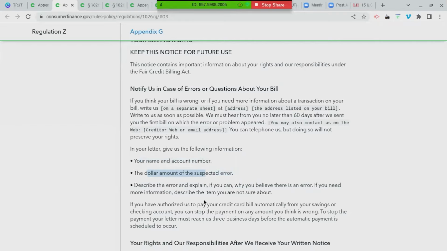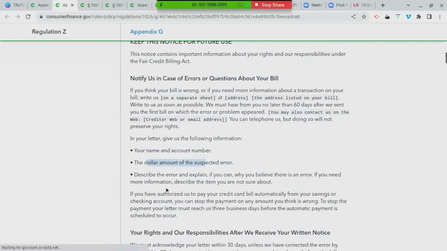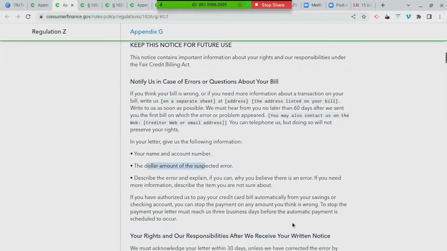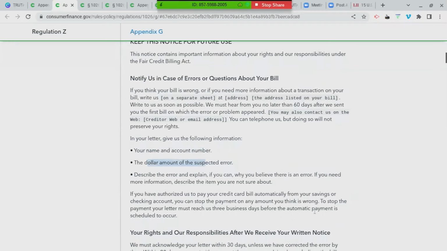If you need more information, describe the item that you're not sure about. If you have authorized them to pay your credit card bill automatically from your savings account, you can stop the payment that you think is wrong, or they should automatically, like we just read, not be trying to collect any type of automated payments to begin with, right?